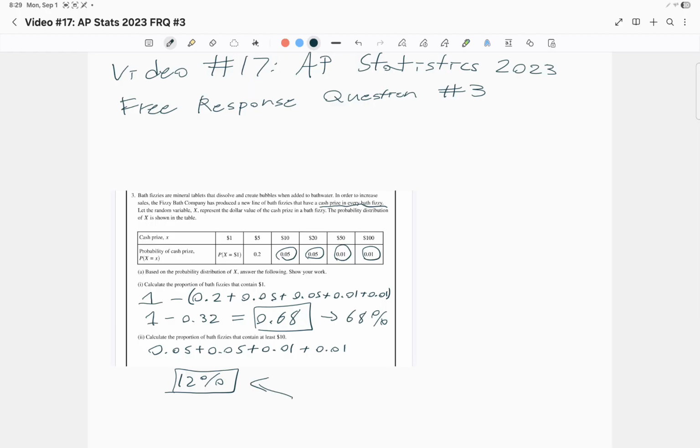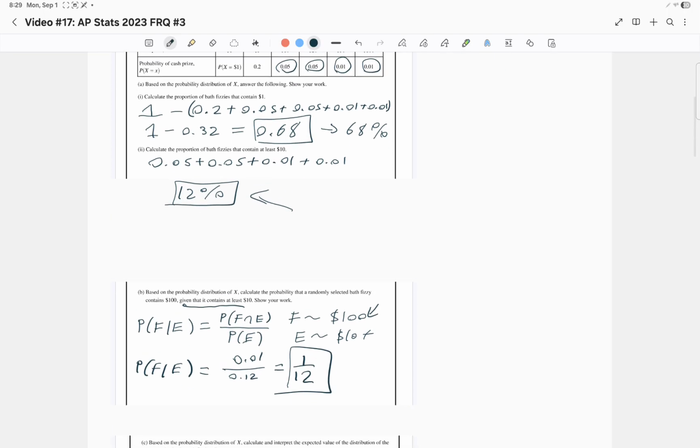Parts A I and II, the first two questions in Part A, weren't that interesting, unfortunately. But I guess you could say this shows that the probability of Y equals 1 minus the probability of Y complement, right? Complementary events have probabilities that add up to 1.